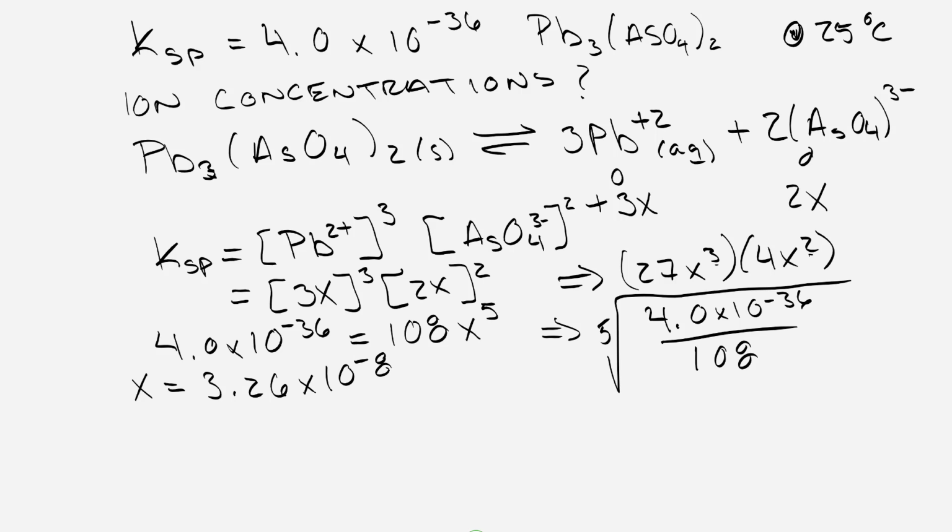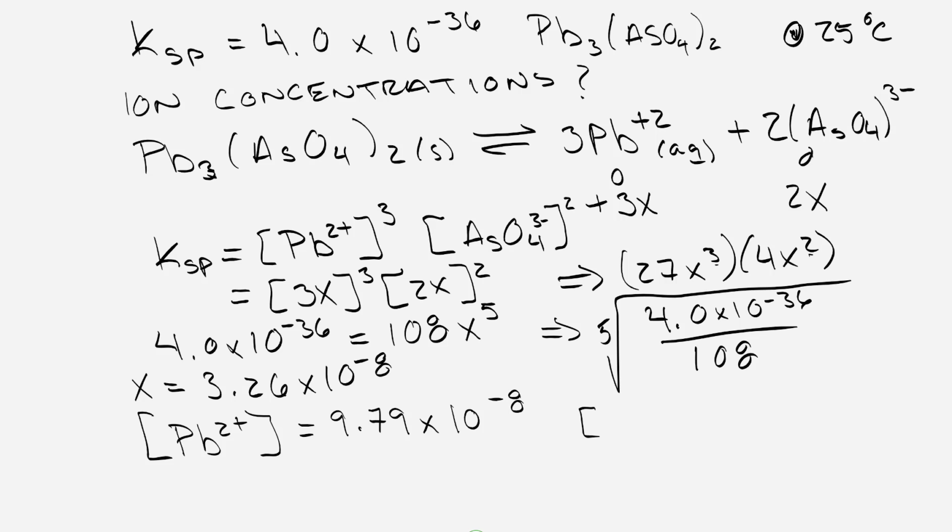So that's x, but that doesn't give us our concentration of lead or arsenate. So let's see. Pb2 plus then is going to equal 3 times our x value. So that is 9.79 times 10 to the negative 8.